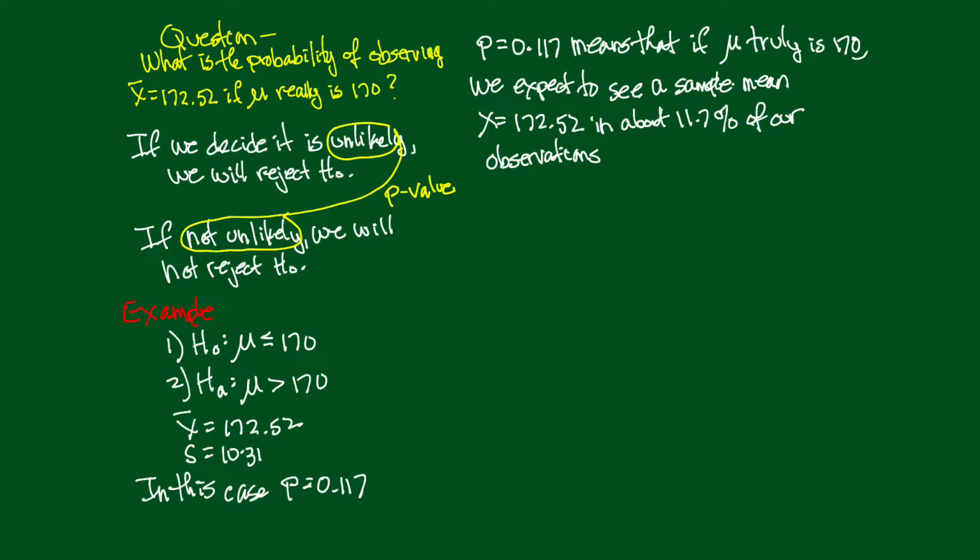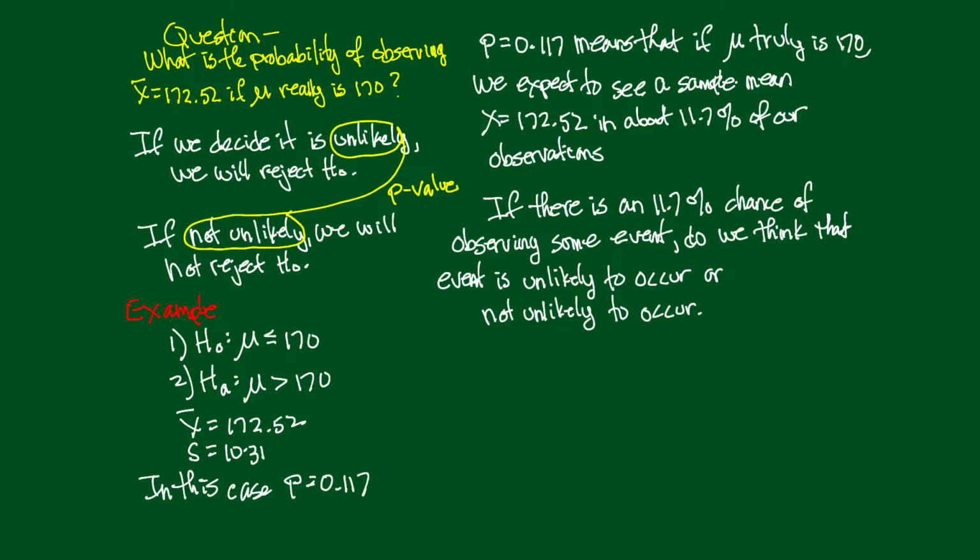So if we were to make observation after observation, sample after sample, how often would we see this value come up, the 172.52, if the mean really was 170? Well, we would expect to see it about 11.7% of the time. What we need to decide then is, if there is an 11.7% chance of observing some event, do we think that that event is unlikely to occur or not unlikely to occur?